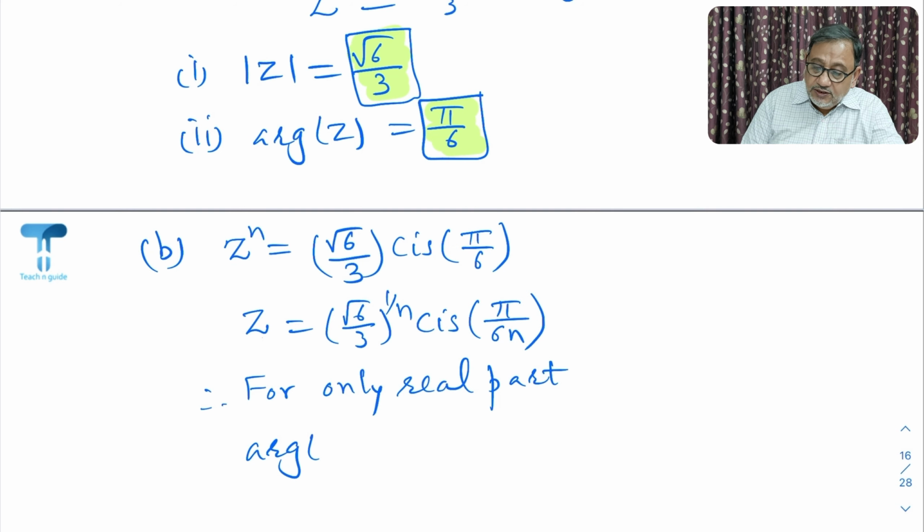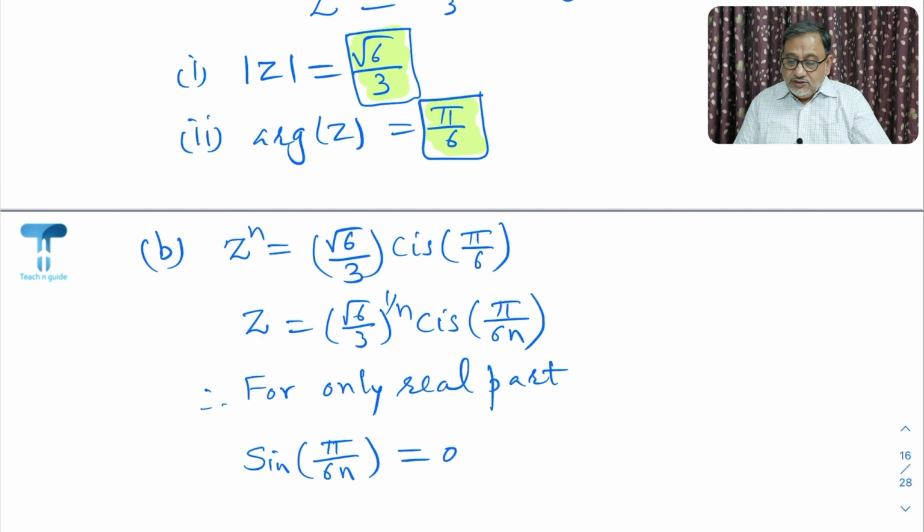So I can write sine of pi by 6n is equal to 0, isn't it? I want this part to be 0 because this is going to give me cos pi by 6n plus i sine pi by 6n, and I don't want the imaginary part.